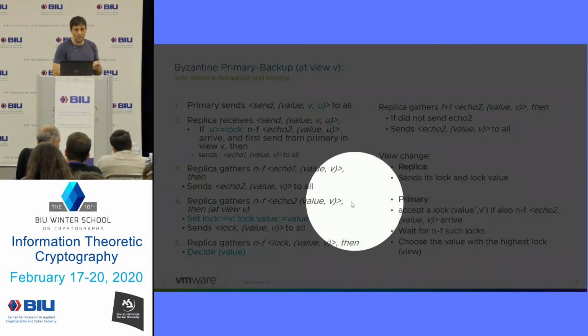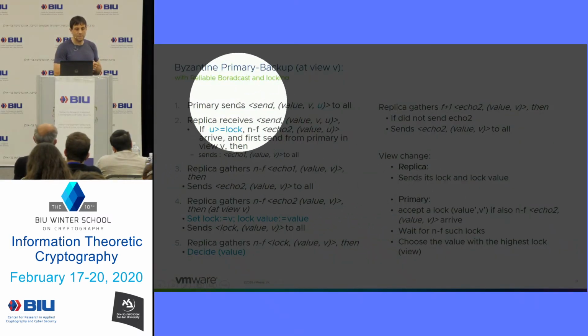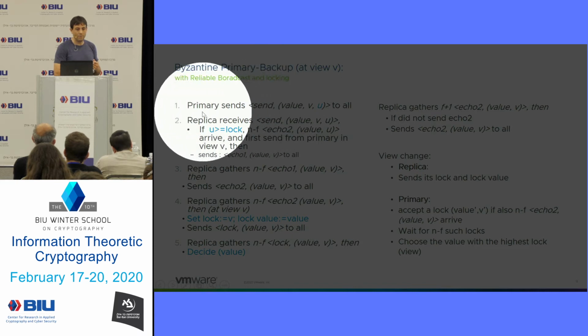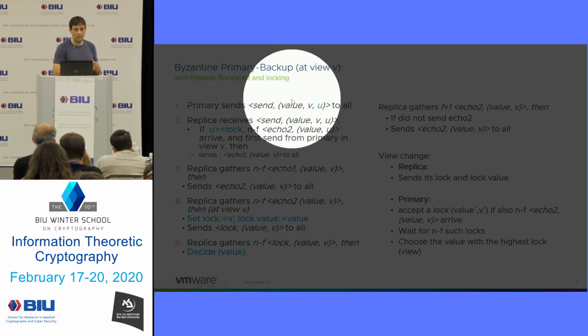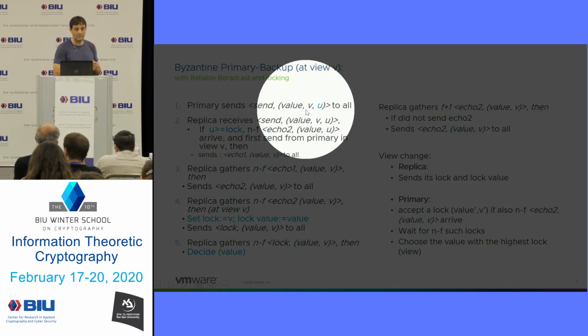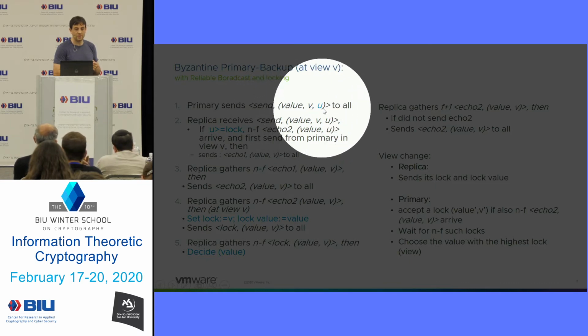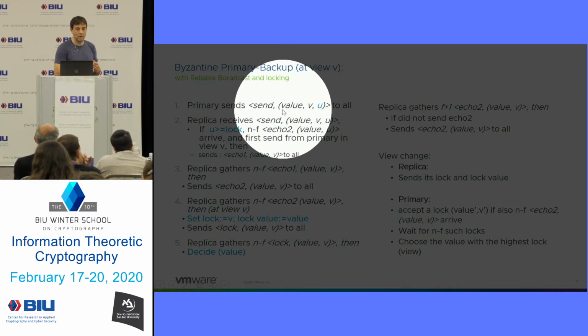And so the way we handle this is basically that whenever a primary sends us a message in view v, it sends us some value, and it tells us that it took this value from some older view u. So v is the current view, and u is the older view that the primary is claiming this value came from.